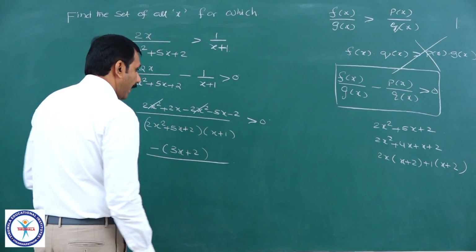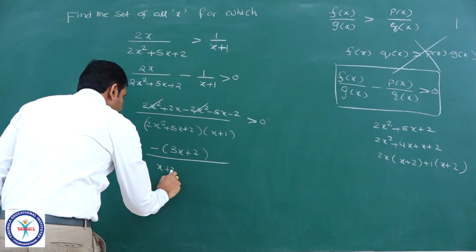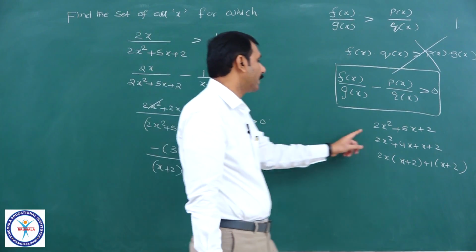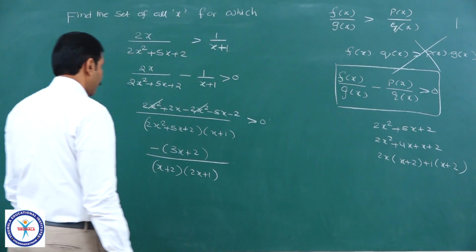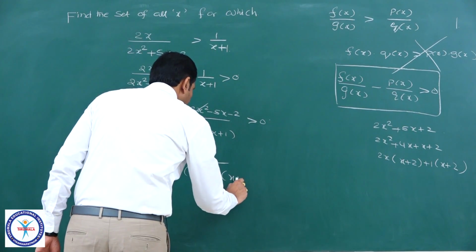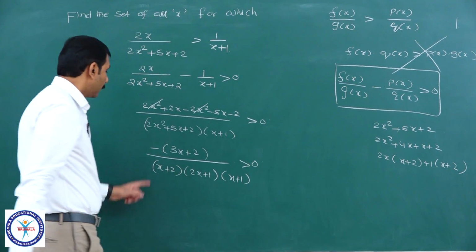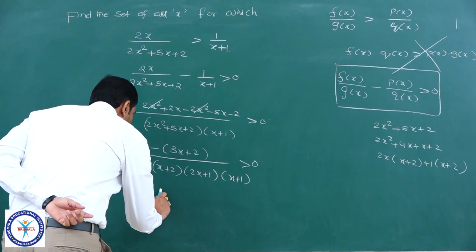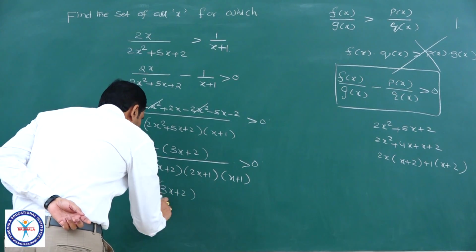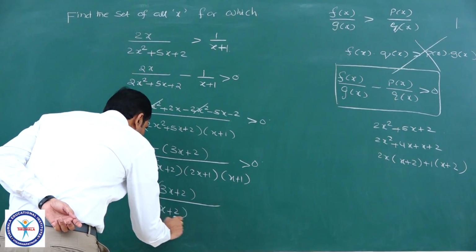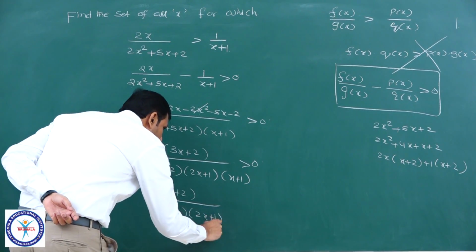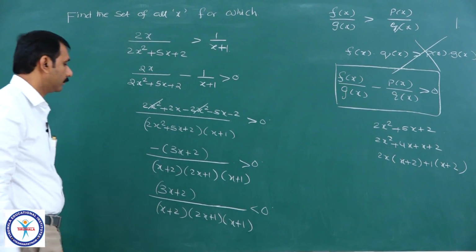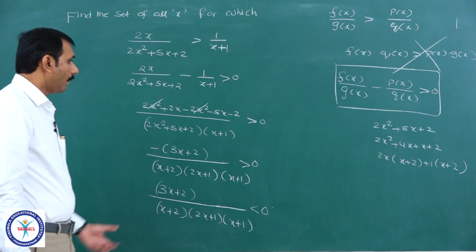The denominator has factors: 2x square plus 5x plus 2 factors as 2x plus 1 into x plus 2, into x plus 1, greater than 0. Now, a minus sign is there. Multiply by minus and make it positive. Therefore, 3x plus 2 by x plus 2 into 2x plus 1 into x plus 1 is less than 0. Right, now our wavy curve method only.